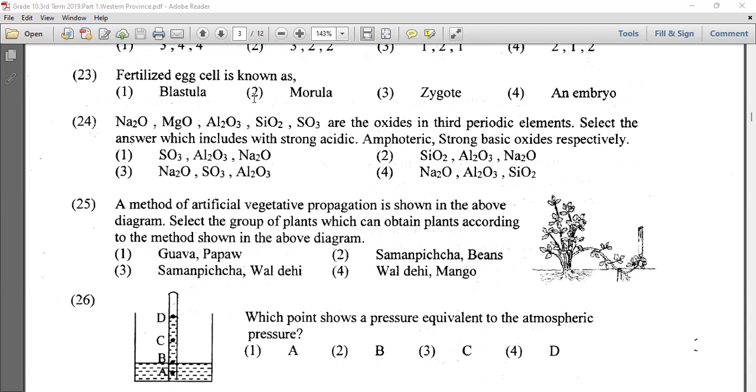So if you can remember, the basicity of oxides, when we have to talk about these oxides: first group oxide is sodium oxide, second group oxide is magnesium oxide, third group oxide is aluminium oxide, fourth group oxide is silicon dioxide, right?